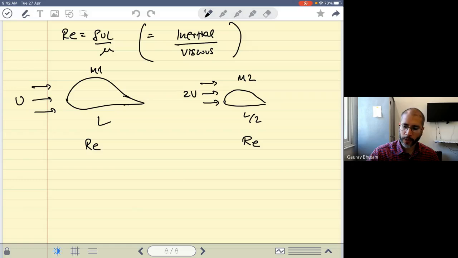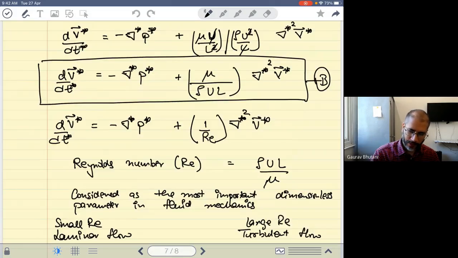So these two models are similar in all senses. If you consider this equation number B, then Reynolds number was the only parameter, and that is the same for both cases. So the non-dimensional form will give you exactly the same result, that V star as a function of T star and X star.